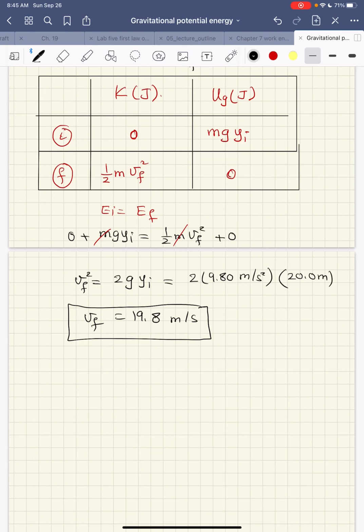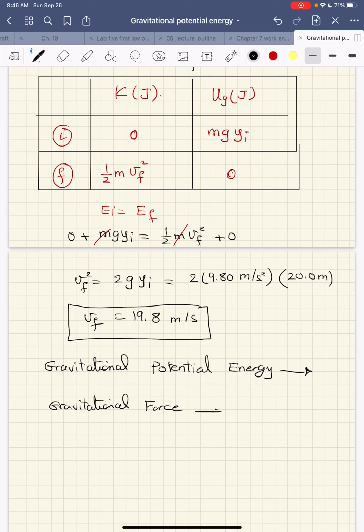Now we will say that this gravitational potential energy is related to a force that we call a gravitational force.